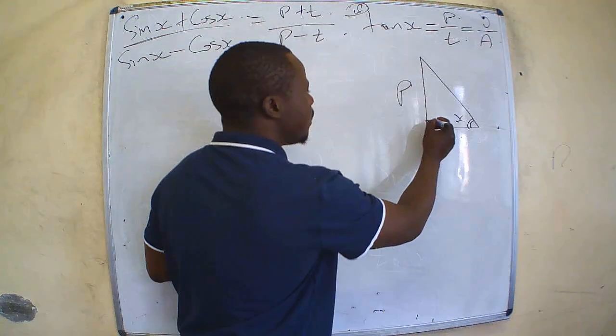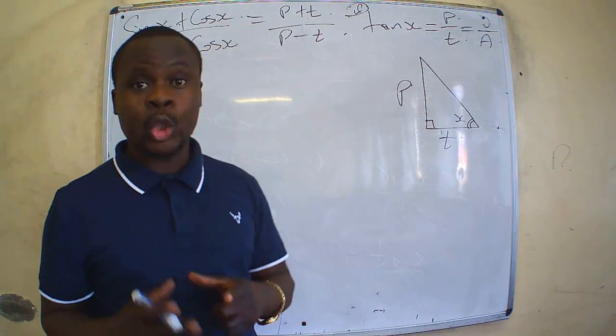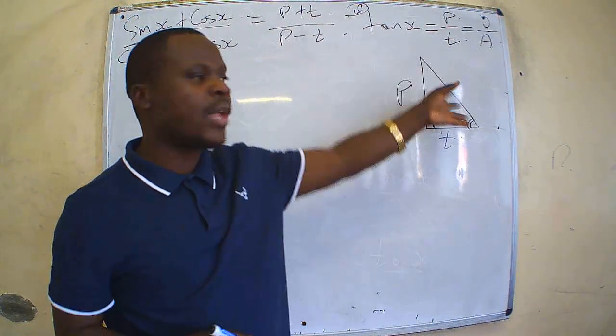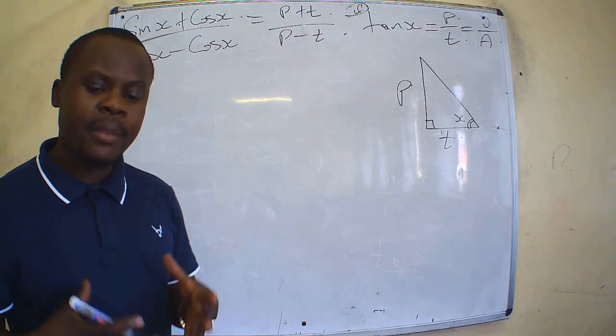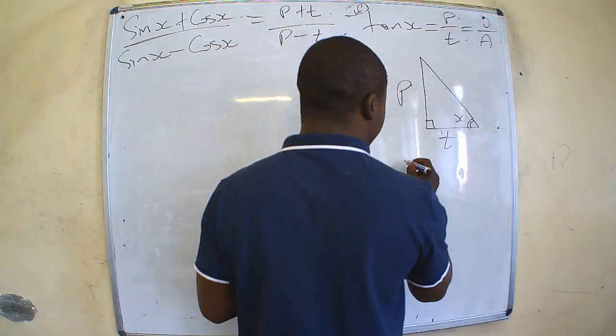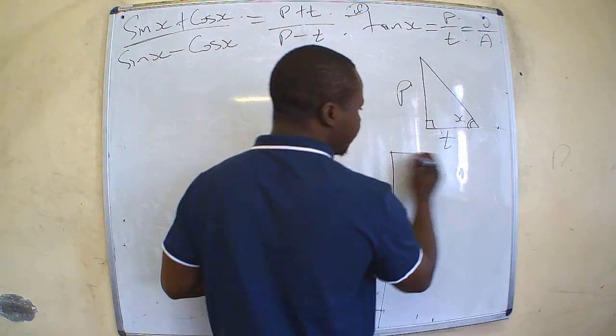Since we have this, what is left is to find the hypotenuse. How do we find the hypotenuse? We should use Pythagoras theorem.